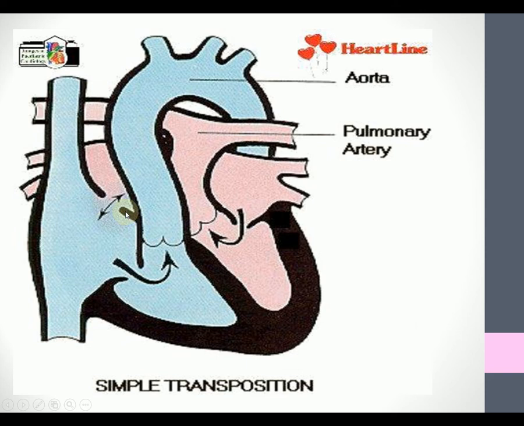So you can see how that is definitely a very mixed defect going on there. We have some oxygenation, but a very bad defect going on there. That defect is incompatible with life, especially if there wasn't an atrial defect there to allow oxygenated blood to pass through.